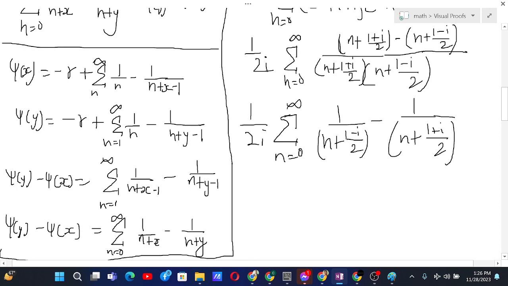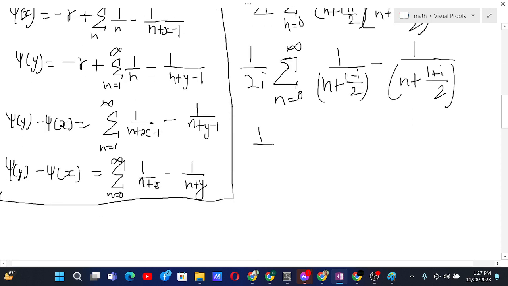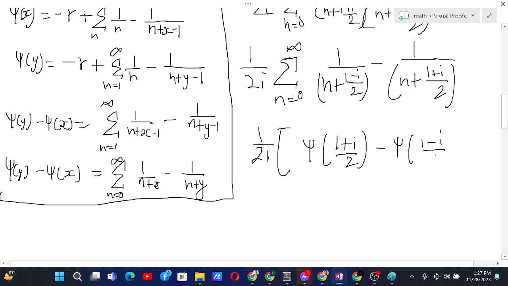Now if we have this formula, this will be 1 by 2i times digamma of y minus digamma of x. So digamma of 1 plus i by 2 minus digamma of 1 minus i by 2.